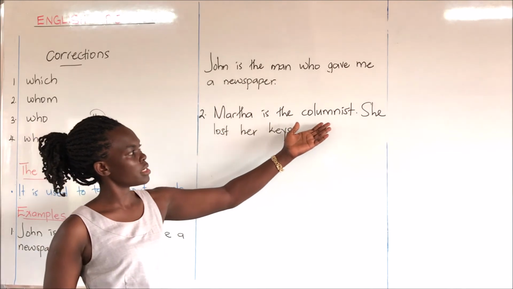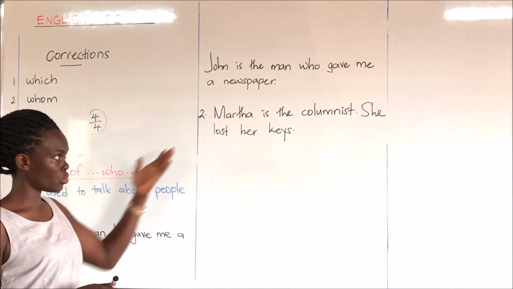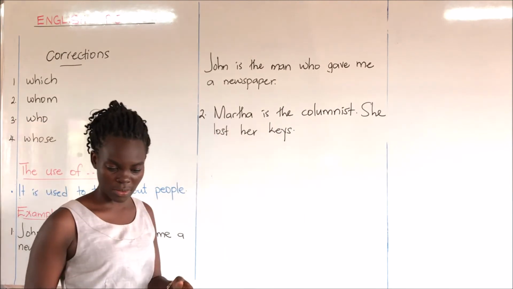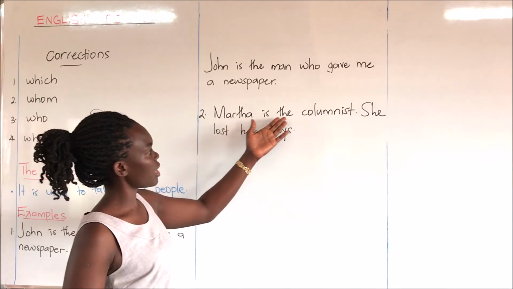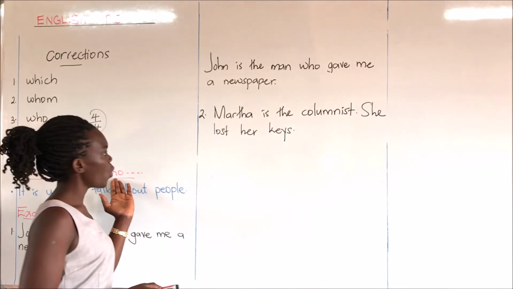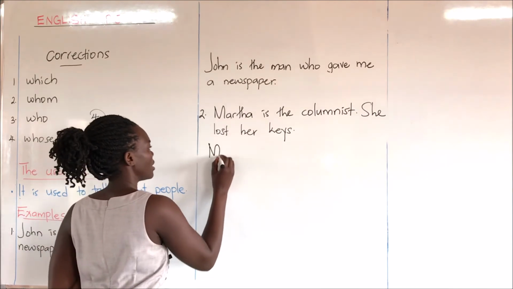Martha is the columnist, she lost her keys. We are using who to join these two sentences. Try it out there. What is the answer? The answer is going to be, Martha is the columnist who lost her keys. Perfect. So we write our answer here.